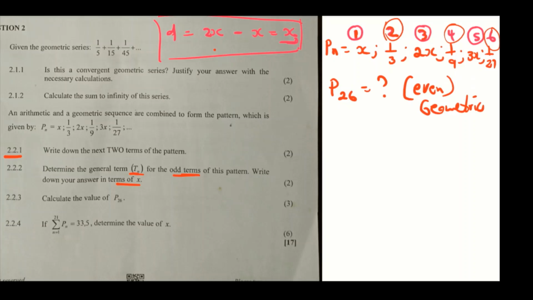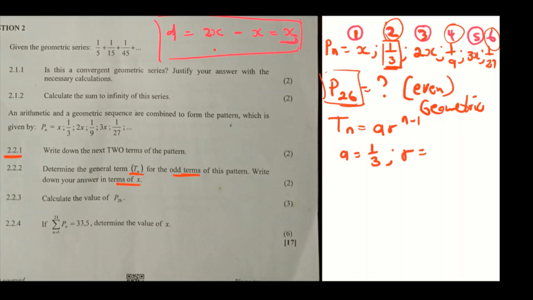So now, to find our P26, we're going to use our geometric formula with Tn equals a r to the power of n minus 1, of which our a value is equal to the first term of our geometric, which is this one here, 1 over 3. And then our r, what is our r?